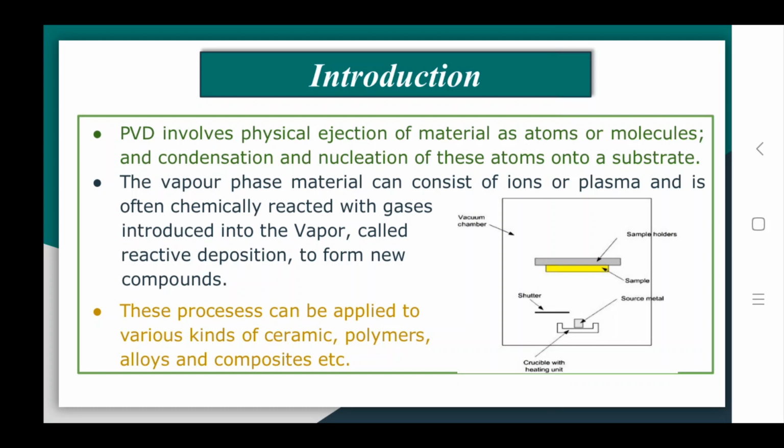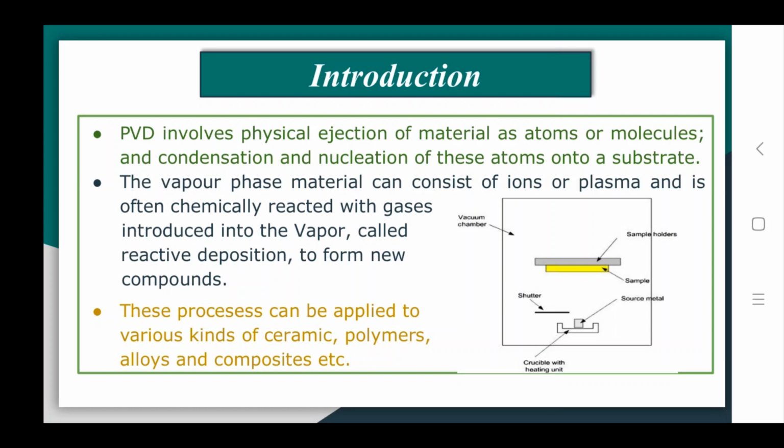And then we may or may not use certain kind of vapor gases, and those ions and molecules can deposit onto the substrate which is going to be modified. So in basic terms, we are simply doing a coating by using atoms or molecules, or the plasma, in the vaporized condition.